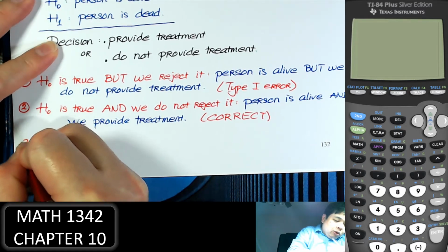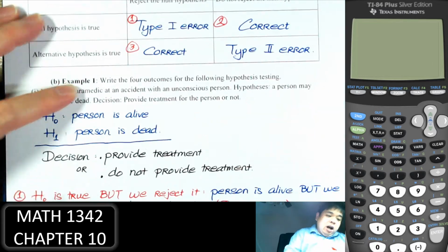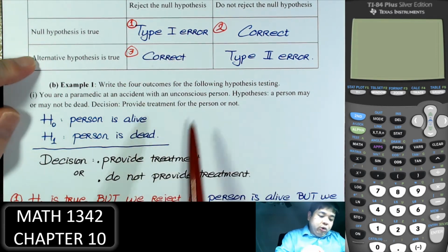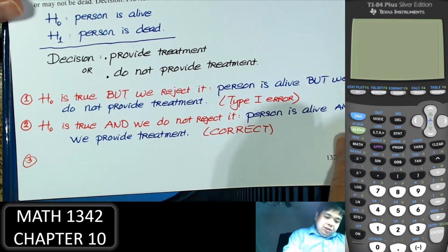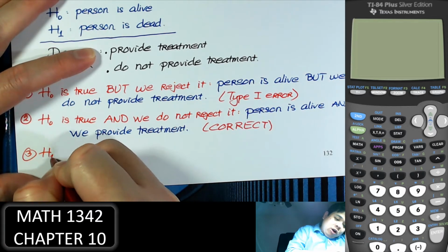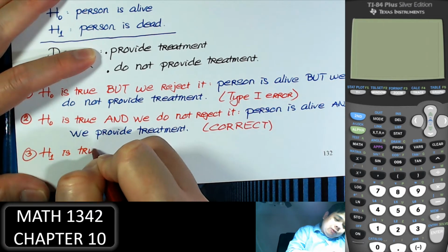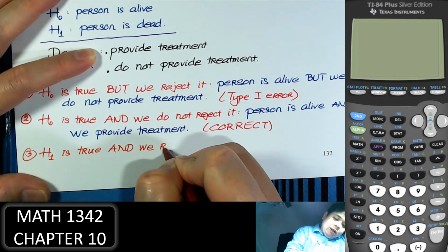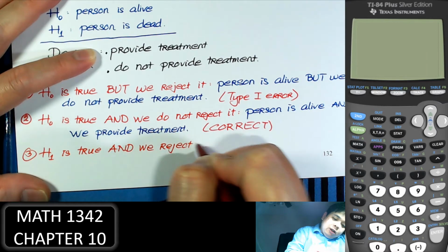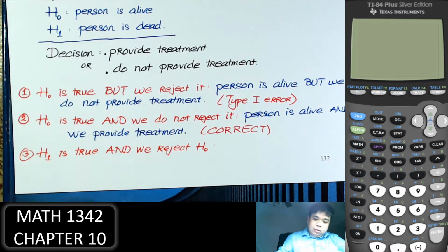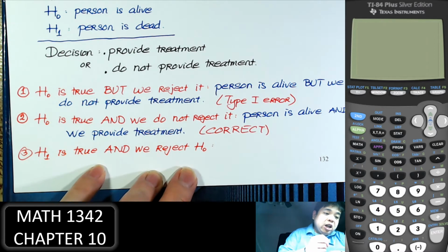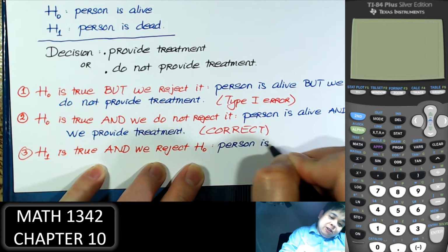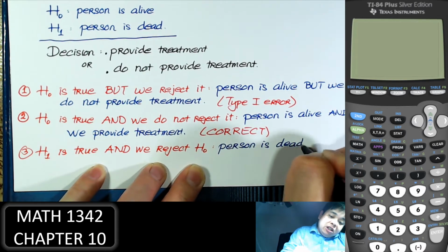Right. Number 3. Let's say in this case, the alternative hypothesis is true. That means the person is dead, and we reject the null hypothesis. So H1 is true and we reject H0. The person is dead, that is the reality.